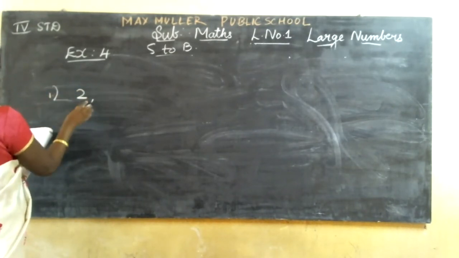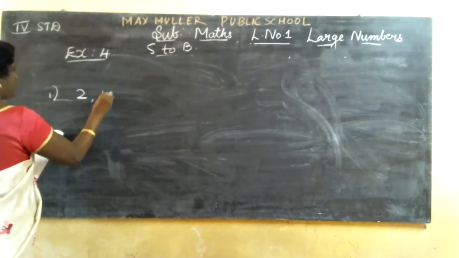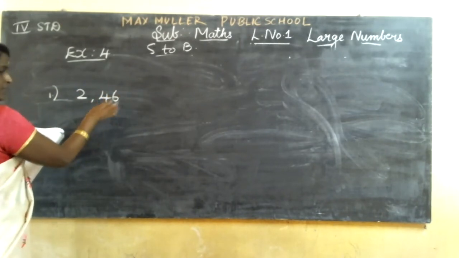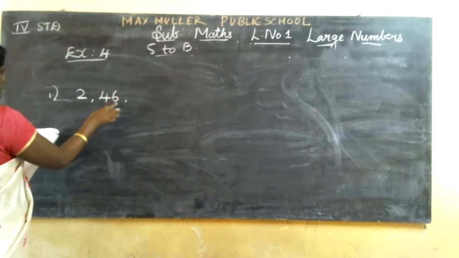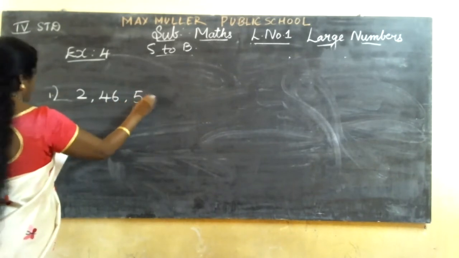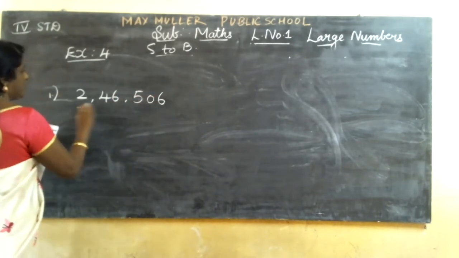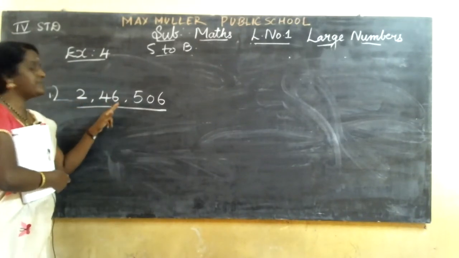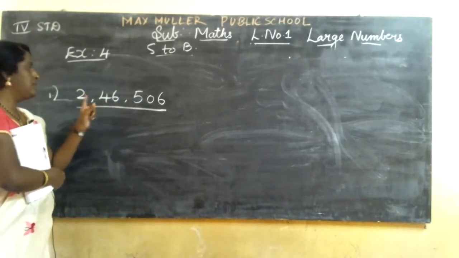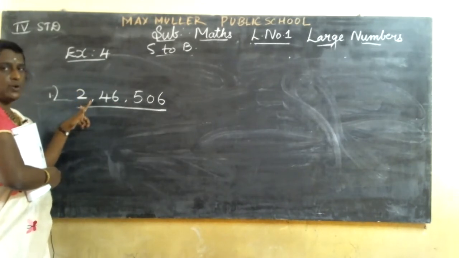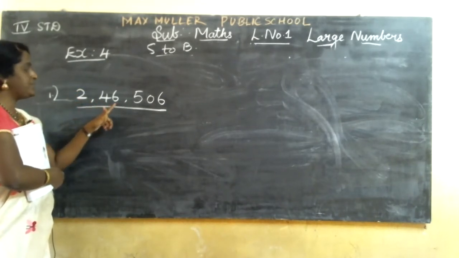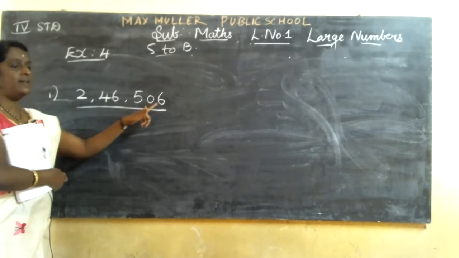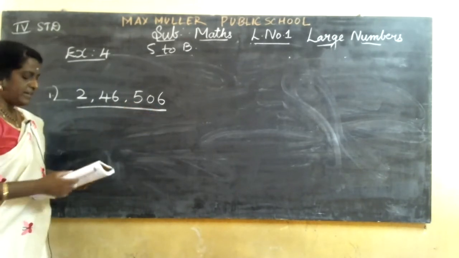First one, 2 lakh 46,000. 40,000 afterwards, comma, 46,506. So your answer is like this. 2 lakh 46,000. 46 lakh afterwards, comma, I told no. 2 lakh 46,506. Got it? Like that only.